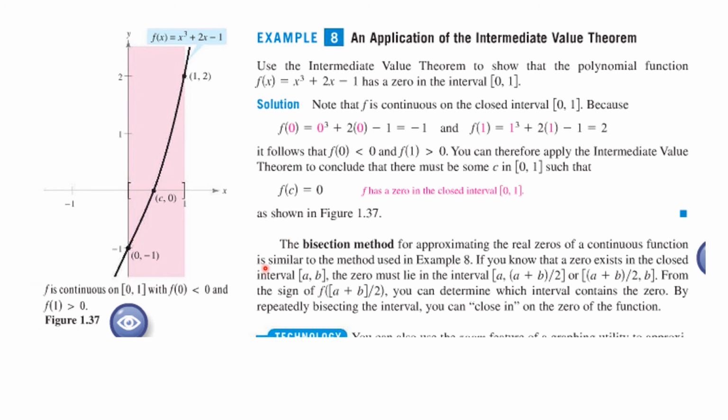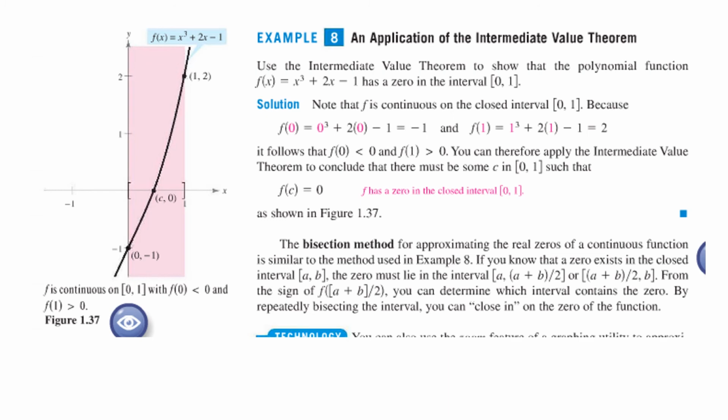The bisection method for approximating the real zeros of a continuous function is similar to the method talked about in example 8. If you know that a 0 exists in the closed interval [a, b], the 0 must be in one of the half intervals, and by the signs you can determine which interval contains the 0, and by repeatedly bisecting the interval you can close in on the 0 of the function.